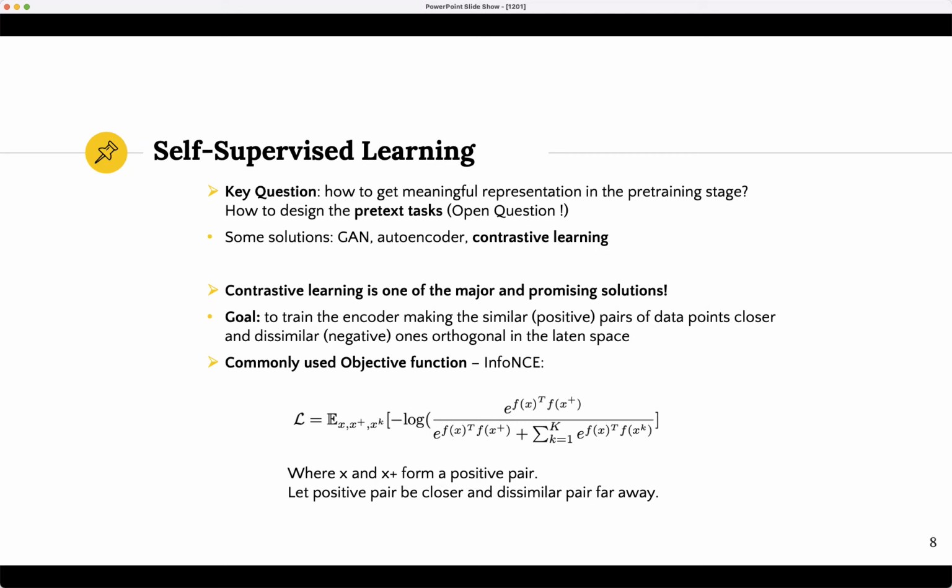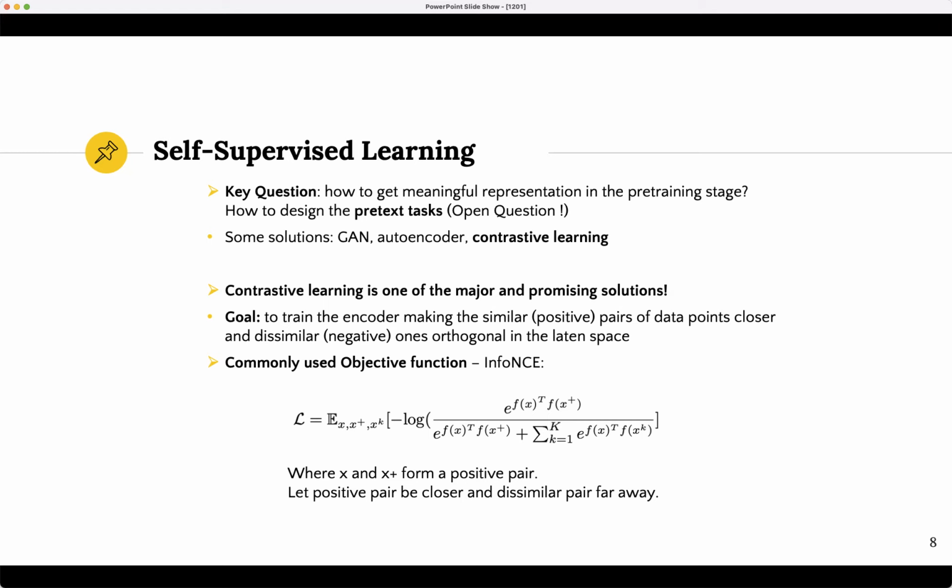Here, I only list some solutions that can address this problem, like you can use a GNN autoencoder or a promising method called contrastive learning. Here, I only include some critical notes about contrastive learning.